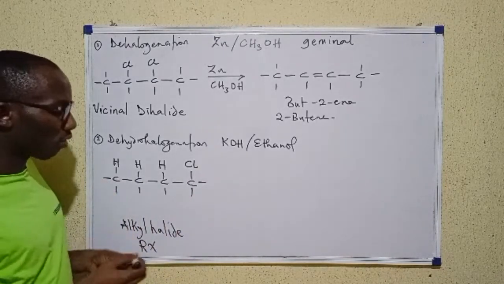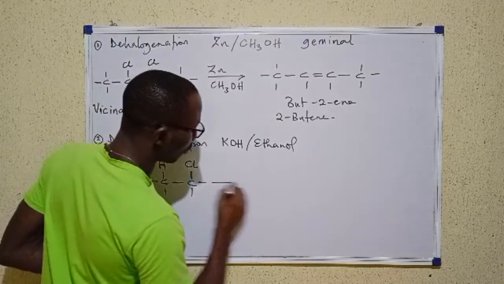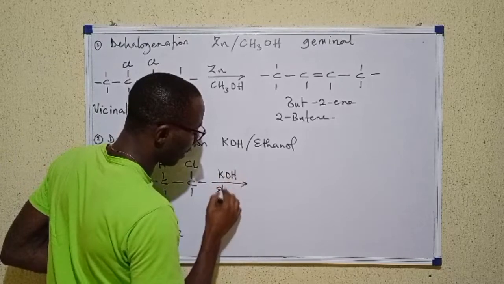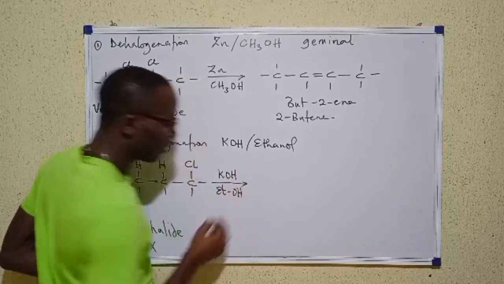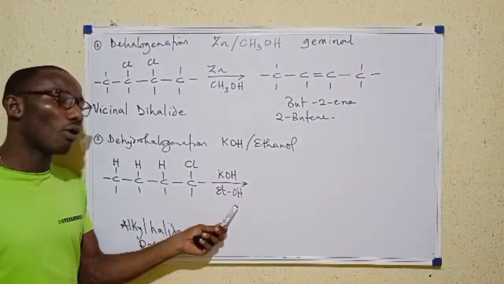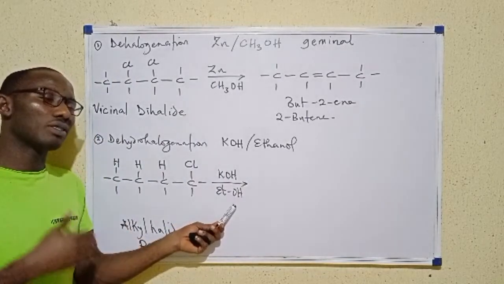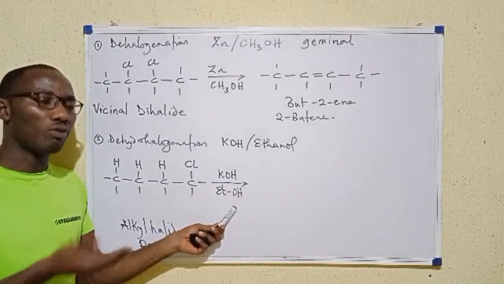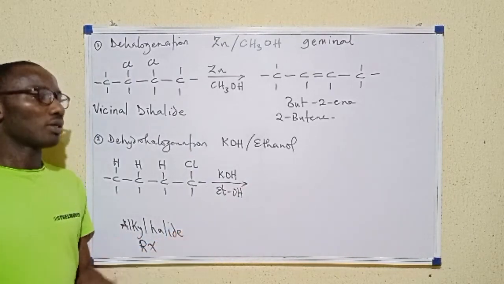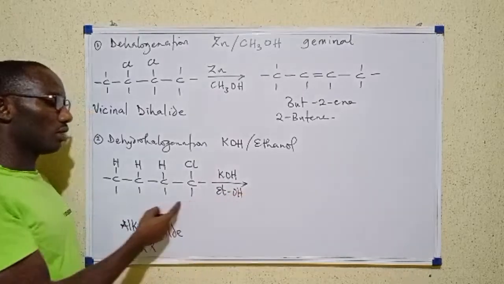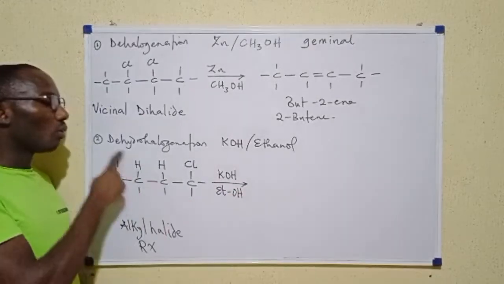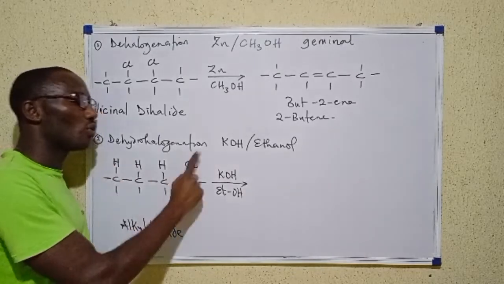Now, for this compound, if it is subjected to treatment with a caustic alkali and ethanol, so I've written ethanol in shorthand. This is ethyl alcohol. Ethyl alcohol is the trivial name for ethanol. So we can write it like this actually. Now when this reagent is used to treat this compound, what takes place is dehydrohalogenation.